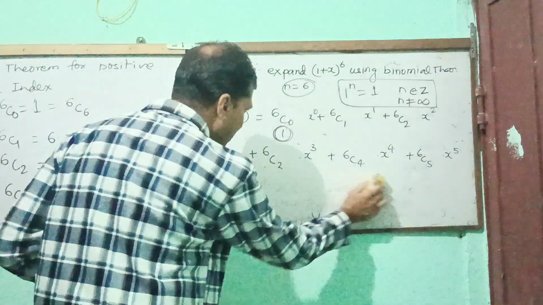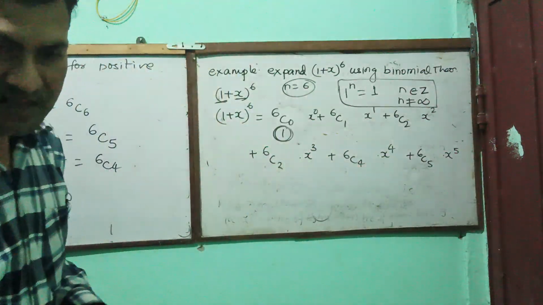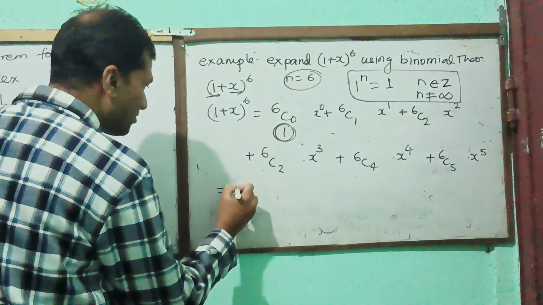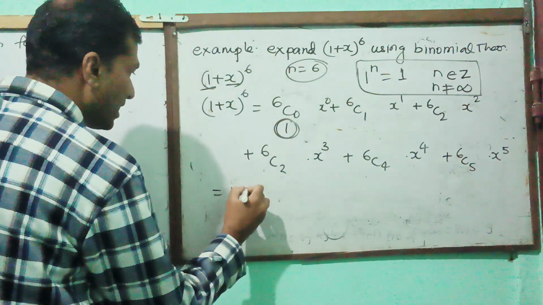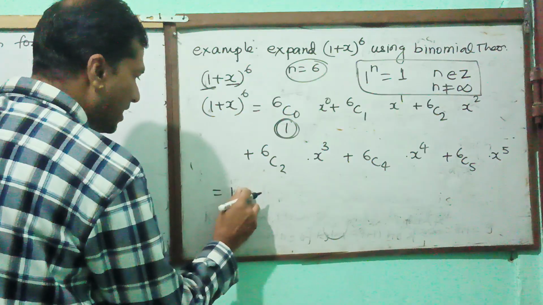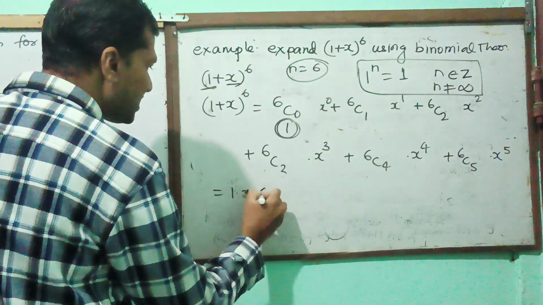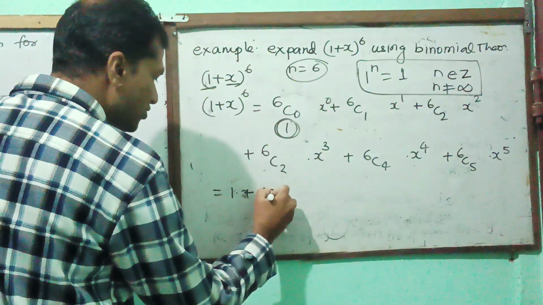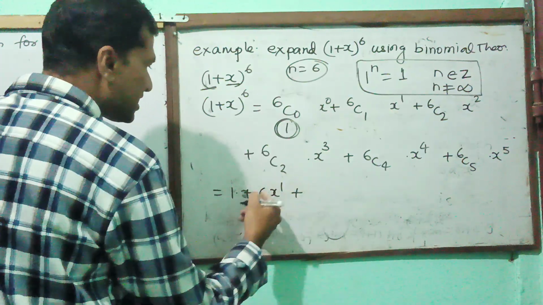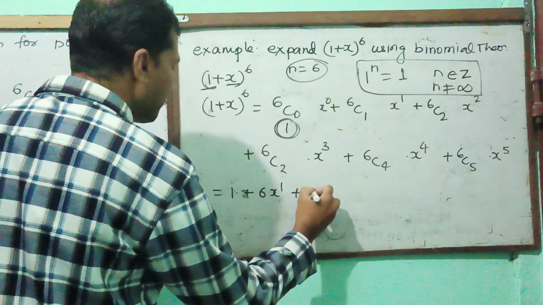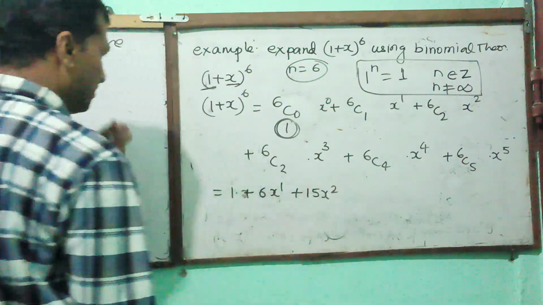Let us write over here. First term is 6C0, which means 1 into x to the power 0, which is also 1. 6C1 is 6 x to the power 1. 6C2 means 15 x to the power 2.